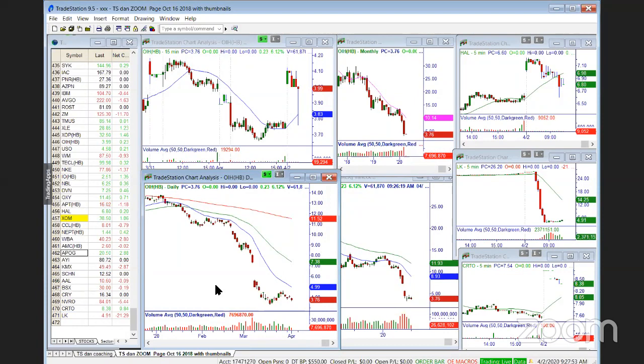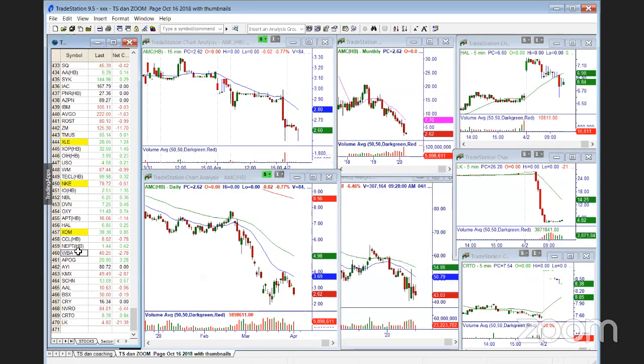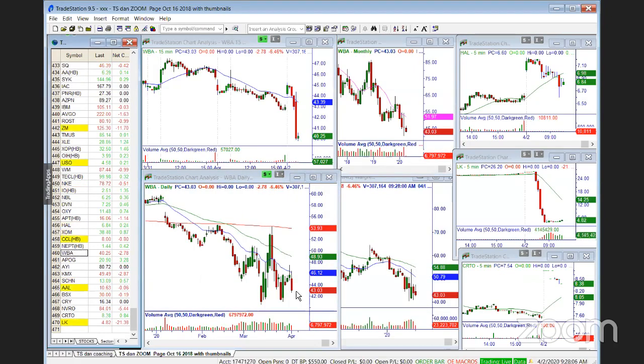Isn't that the price of a Big Mac? You can either have a Big Mac or one share of OIH. Yeah, WBA earnings, oh, it's a bearish gap. It's a big gap.